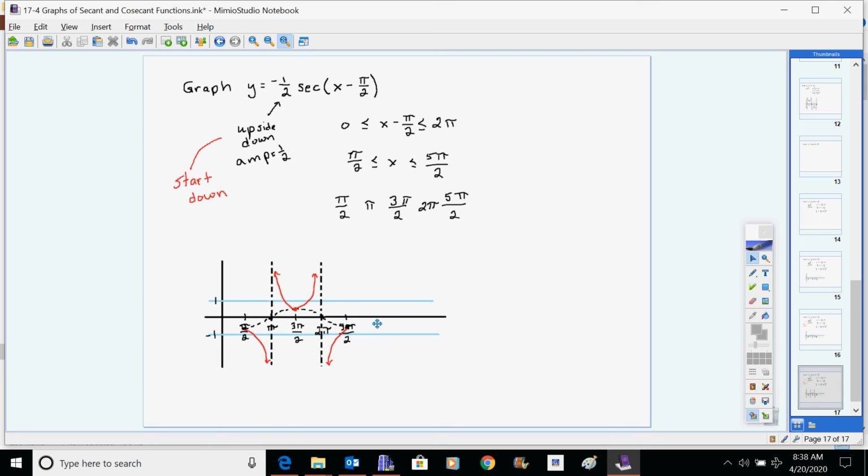Thursday and Friday, you're going to be having your Chapter 17 test, which is going to be the 6 different graphs. It will look very, very much like the quiz that you took on the first 4 types of graphs, but it's going to add secant and cosecant to that. So just basically, can you graph these different types of functions?